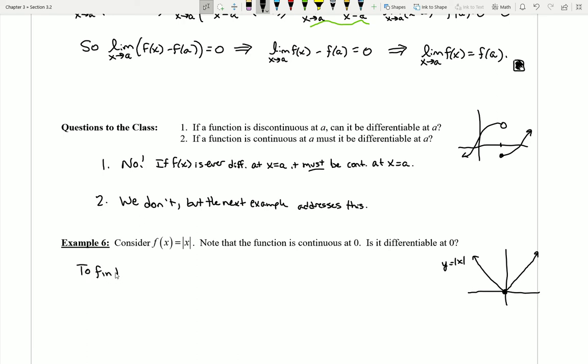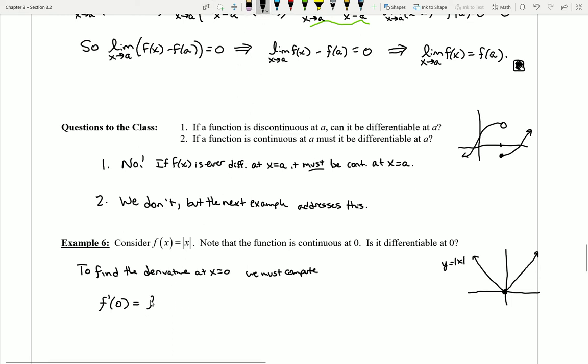All right, so to find the derivative at x equals 0, we must compute the following. To calculate f prime of 0, we would have to compute, oops, sorry, I forgot my limit here, setting up my derivative.